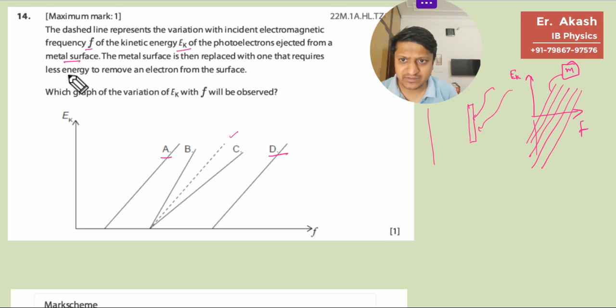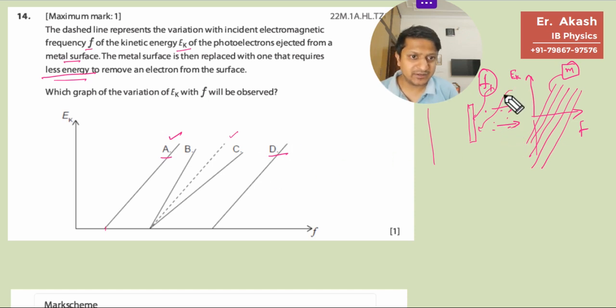But they say it requires less energy. So less energy means it would be nearer to the origin. A will be the right option in this case because, when the frequency is lower, if frequency F is less, then also the electrons are able to come out of this plate and start moving.